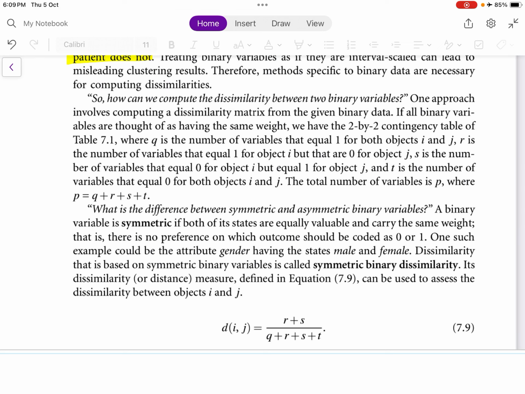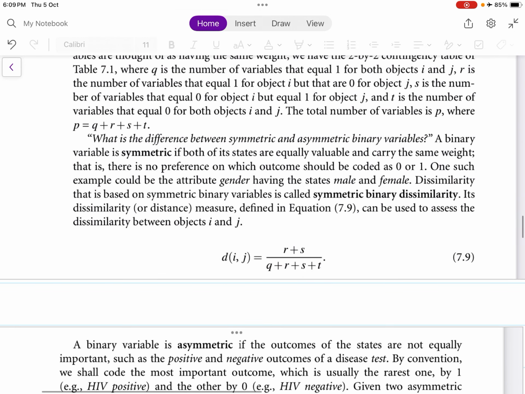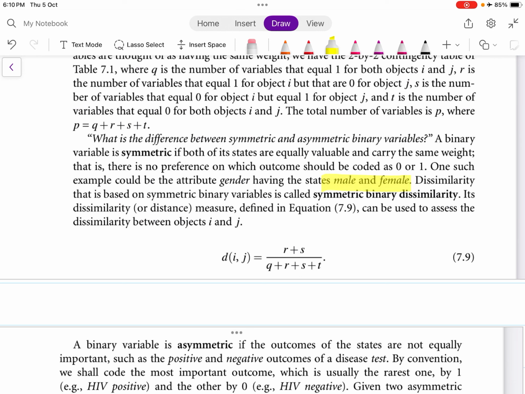So what is the difference between symmetric and asymmetric binary variables? A binary variable is symmetric if both of its states are equally valuable and carry the same weight. That is, there is no preference on which outcome should be coded as 0 or 1. One such example could be the attribute gender having states male and female. So equal weightage is given to the males and to the females.